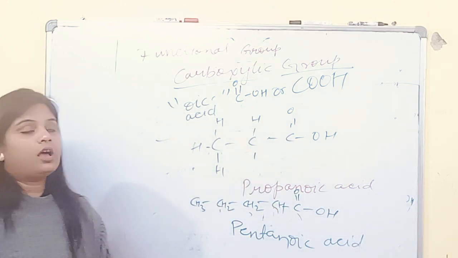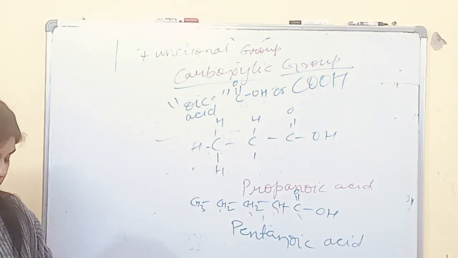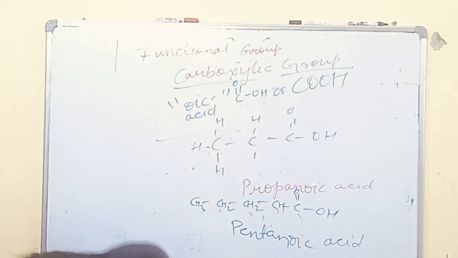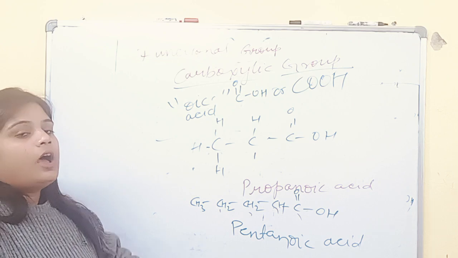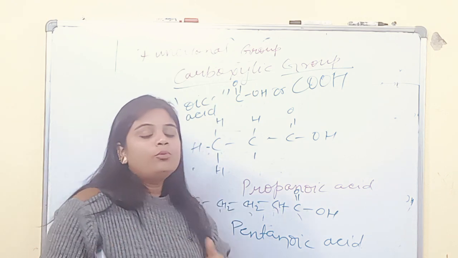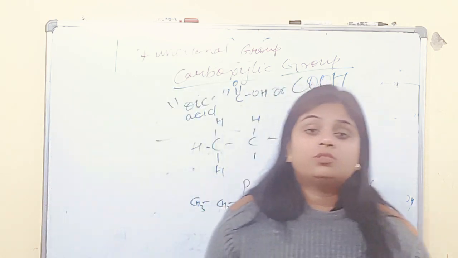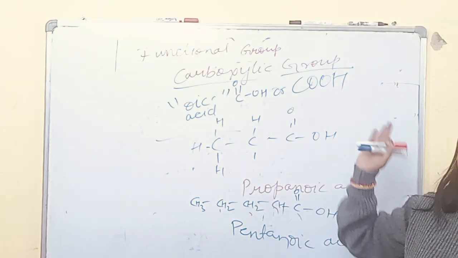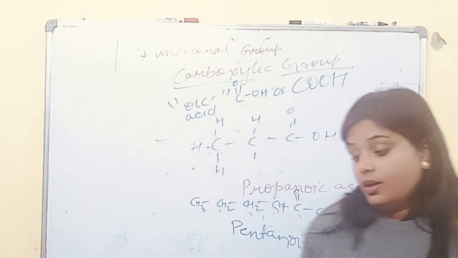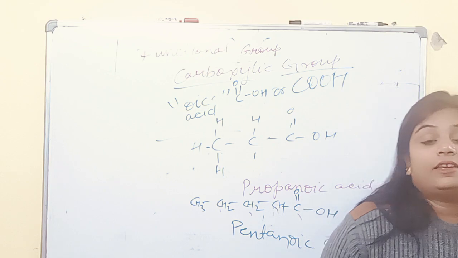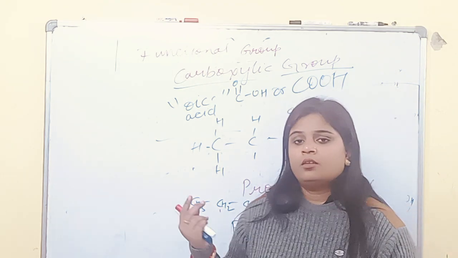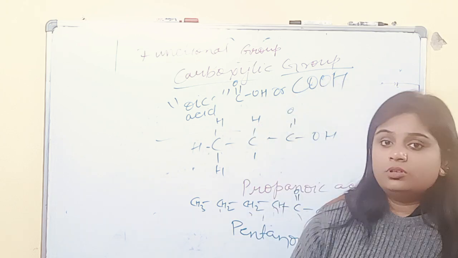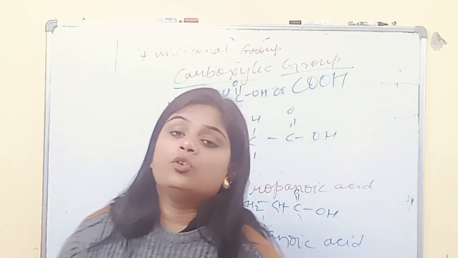So this was the nomenclature for carboxylic acid, and I hope you have understood how we name compounds and how carbon compounds bond with other functional groups, like alcohol, aldehyde, ketone, and carboxylic acid. So this was all about functional groups and nomenclature.